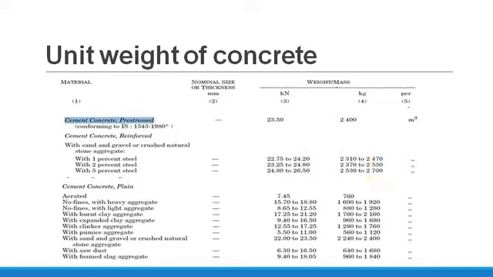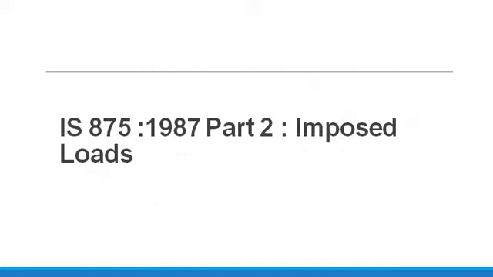I suggest you just go for these tables. It will give you a clear picture when you are solving those numericals or doing some calculations. Now, this is about the 875 Part 1. Now we'll move to Part 2.